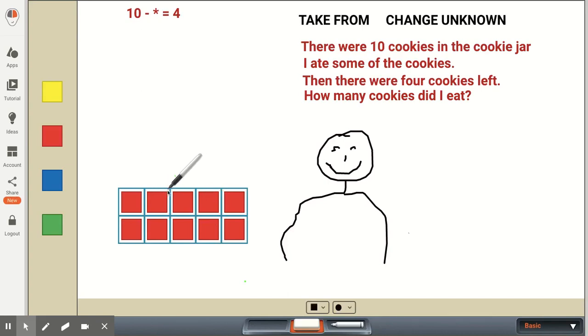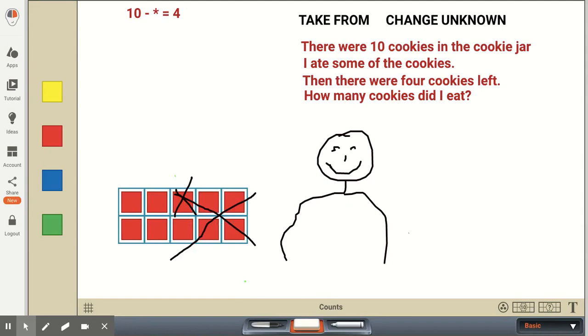So that means that all of these other cookies I'm going to cross out, or maybe I can cross out each individually, or maybe just make one big X through these other cookies so that all I'm left with are these 4 cookies. And then the student can think, okay, how many cookies did I eat? Well, these cookies would be what I ate. So it would be 1, 2, 3, 4, 5, 6.